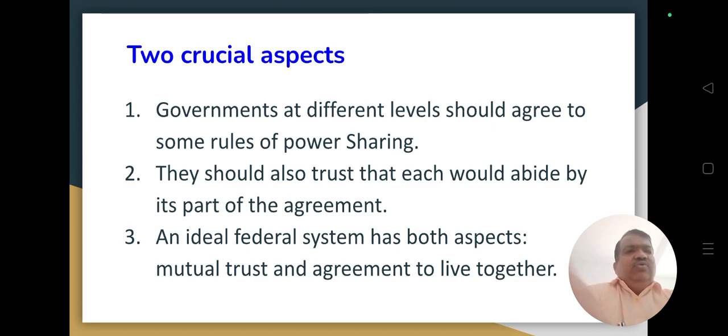There are some rules which the governments at both levels should agree to. They should also trust that each would abide by its part of the agreement. Whatever agreement is made through the constitution, they will abide by it. An ideal federal system has both aspects, mutual trust and agreement to live together.